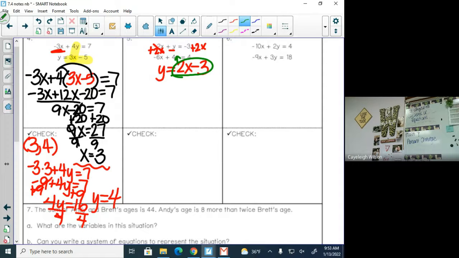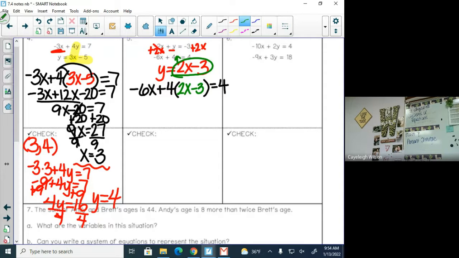Okay, so I'm taking that first equation that I solved for y, and I'm substituting it into the second equation. So that'll be negative 6x plus 4, but in for that y spot is going to be that second equation, that 2x minus 3.